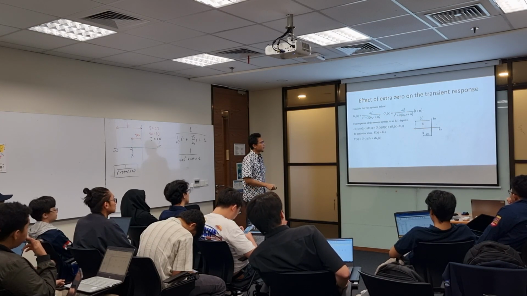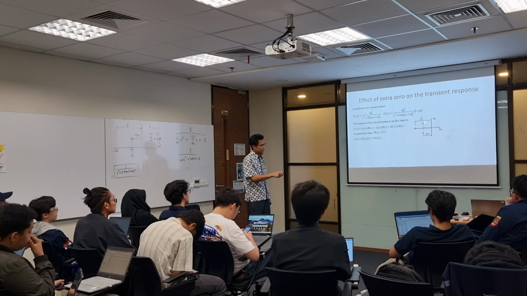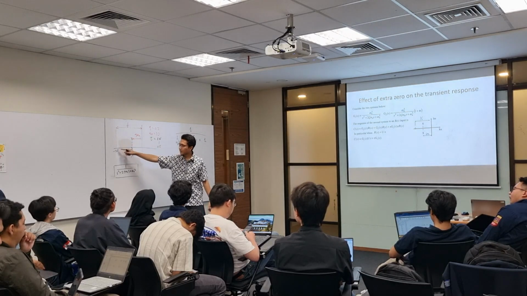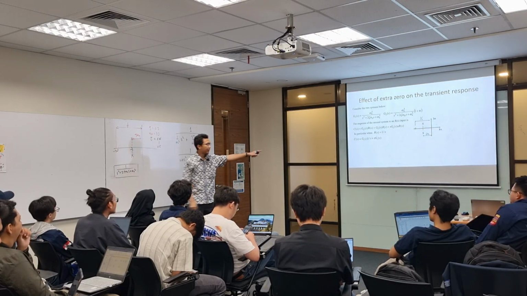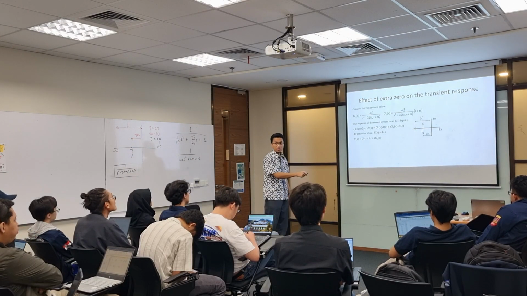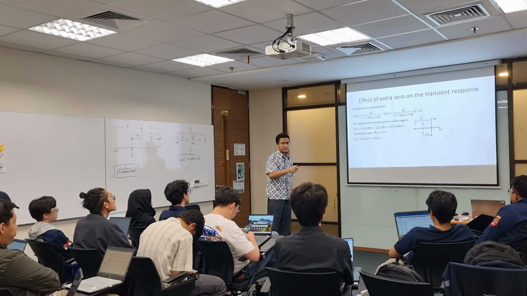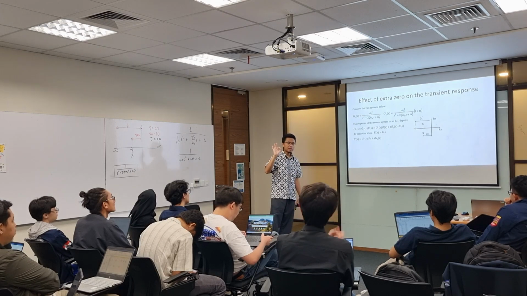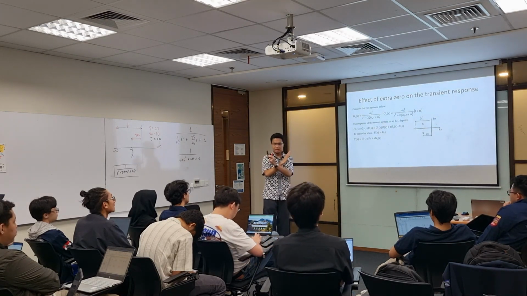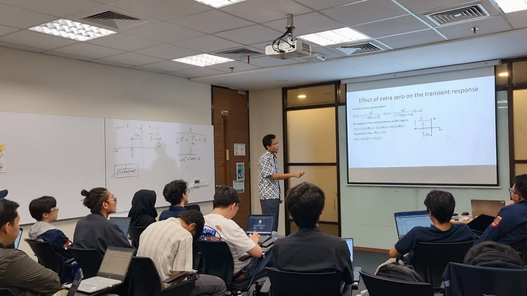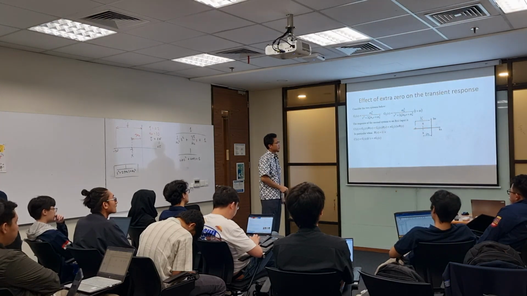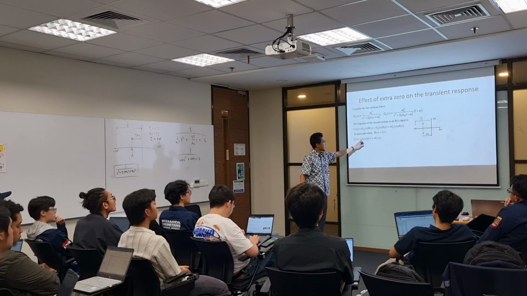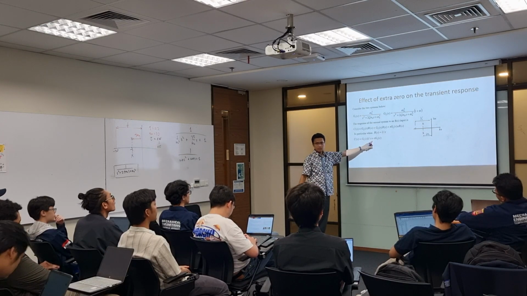It is the same kind of situation as the extra pole, but here it is an extra zero, which is denoted as a circle; zero is a circle, pole is an X. So 1 over tau is this much, and this will be the response of your system.